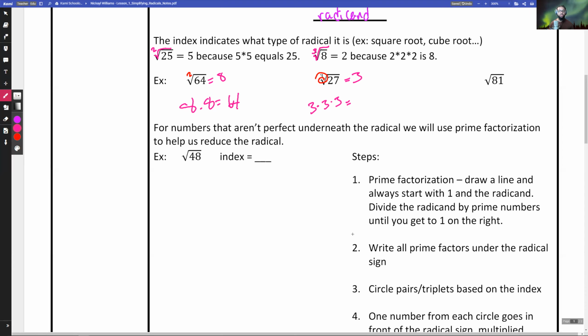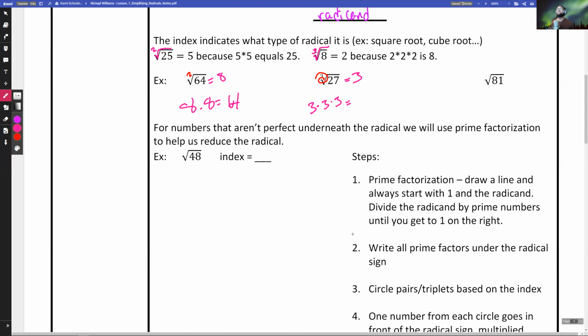If you find a square root and you want to check it, you can just raise it to the power of that index. So to check this, I would take my 8 and then I would square it. And then whatever I got should match up with this thing. And that's because these two things are opposites, but I'm getting a little bit ahead of myself. So let's look at this next example. 81, this says the square root of 81.